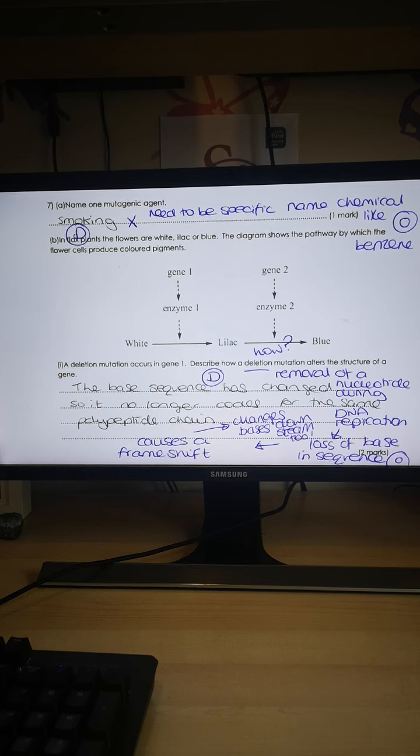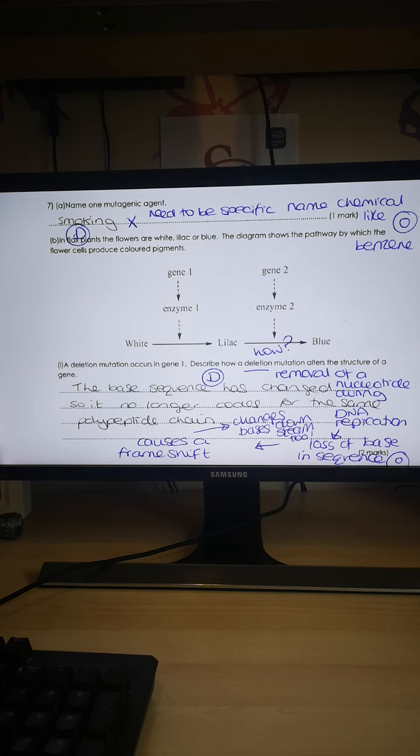Okay, in the second part of the question, the student has only given very vague detail. They were asked to describe how the deletion mutation altered the structure of the gene, and they've just said it's changed the base sequence basically, and that's not enough detail.